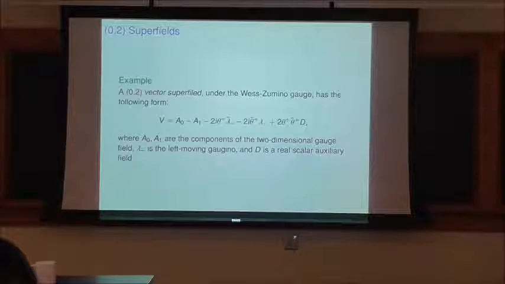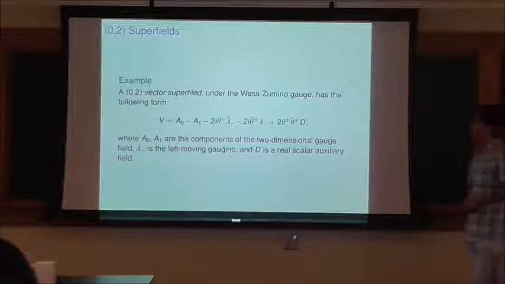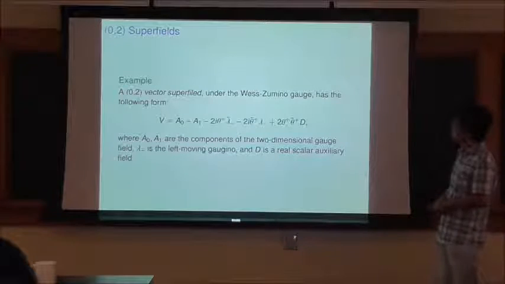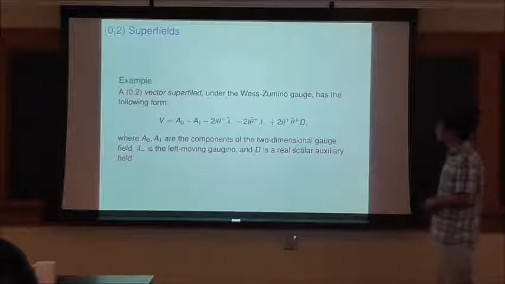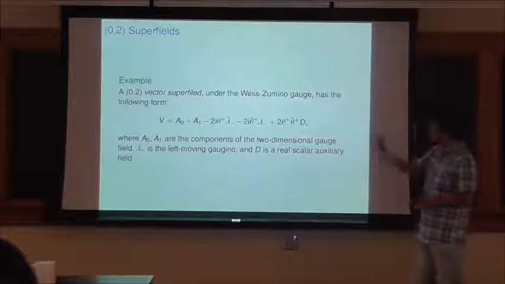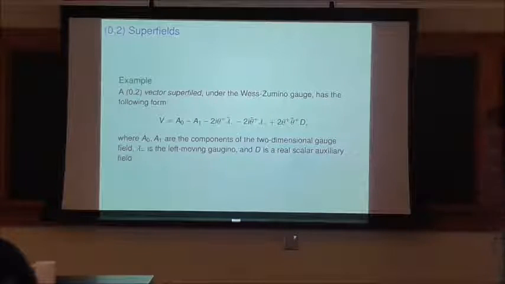And of course, to do gauge theory, you have to define a vector superfield. For a (0,2) vector superfield in Wess-Zumino gauge, you have the components like this, where A are the components of the usual bosonic gauge field, and you have left-moving gauginos. Notice that you don't have right-moving gauginos in general (0,2) cases.